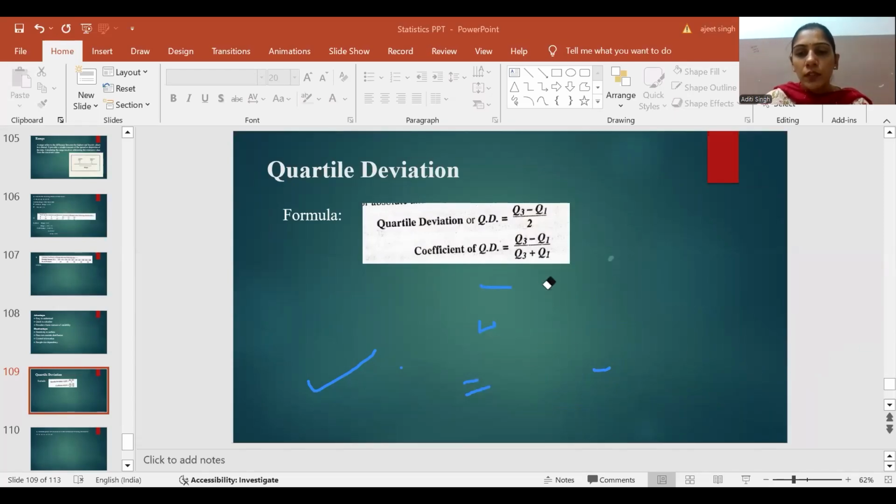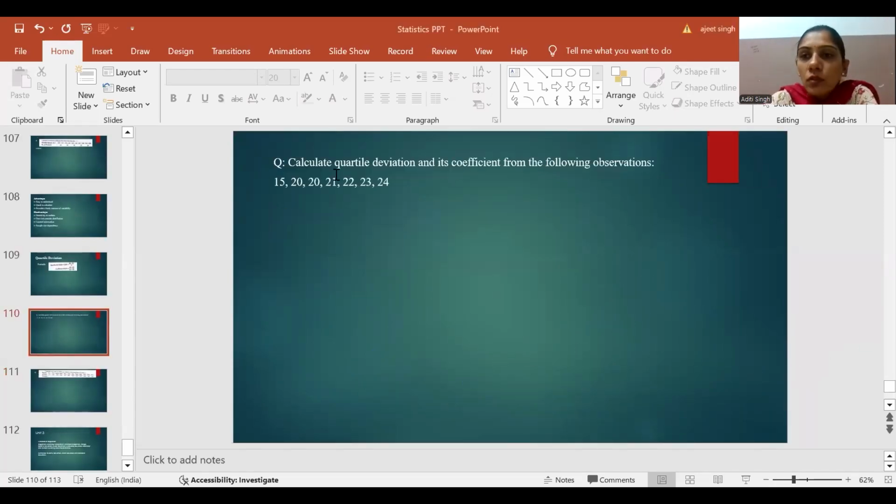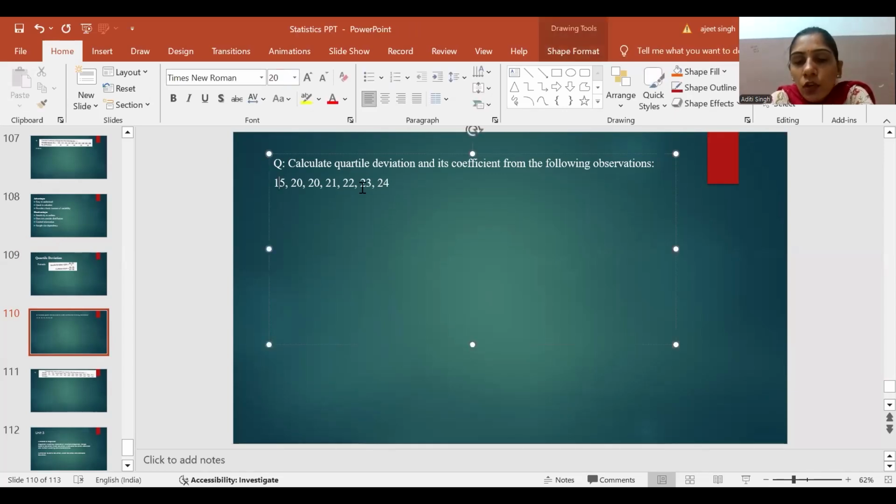Now let's come to the question. The first question is: calculate quartile deviation and its coefficient from the following observations. The observations given are 15, 20, 20, 21, 22, 23 and 24.